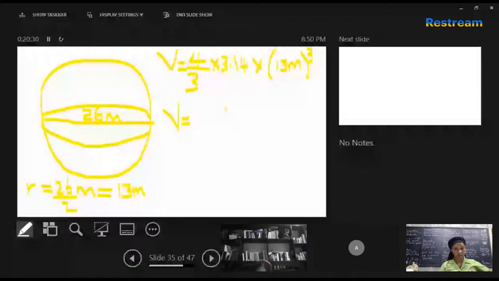That would be 9,198.10. That's the volume. Meters cubed.